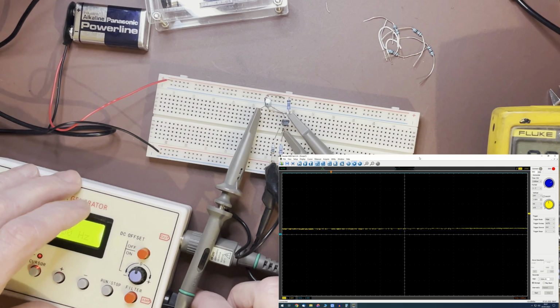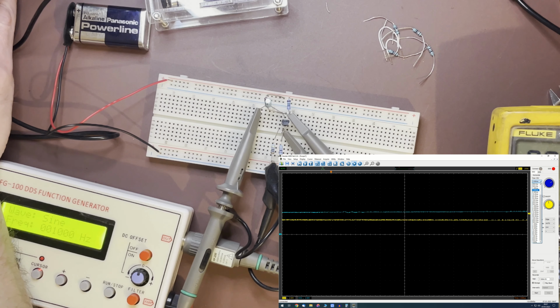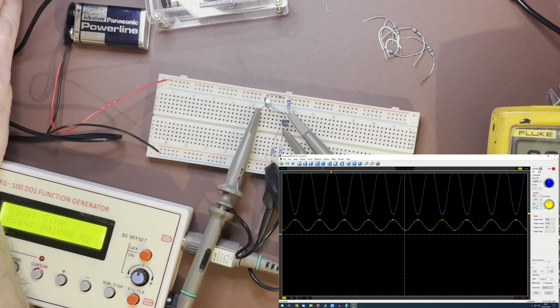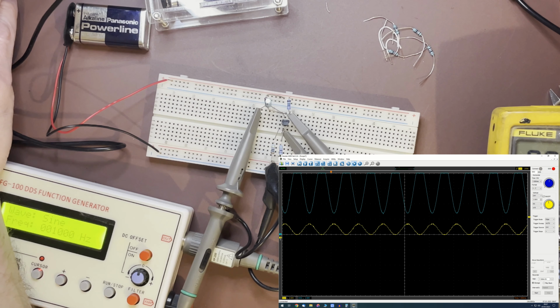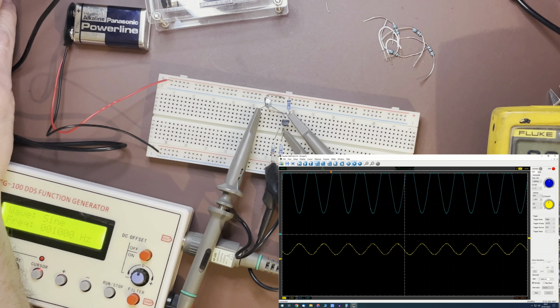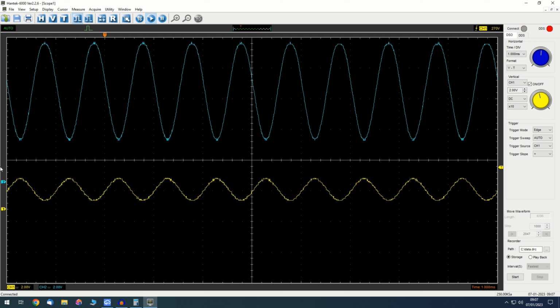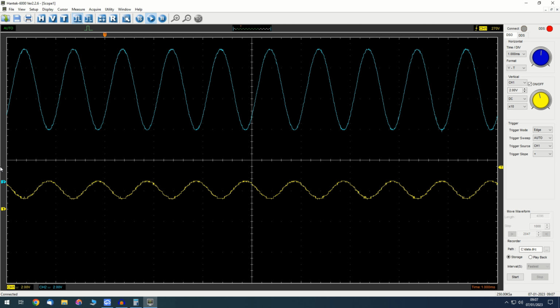And the scope is set on microseconds. There we go. Right, I'll just set that up a bit better. Right, oh, that's too high an amplitude for it. It's clipping a bit. Just turn it down.